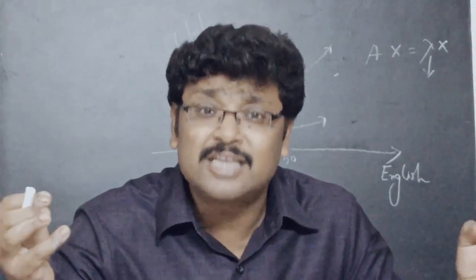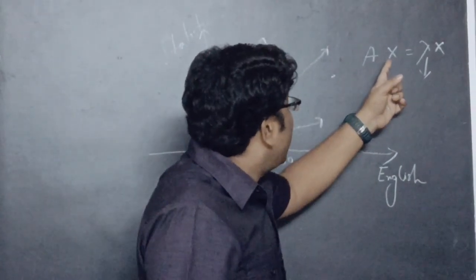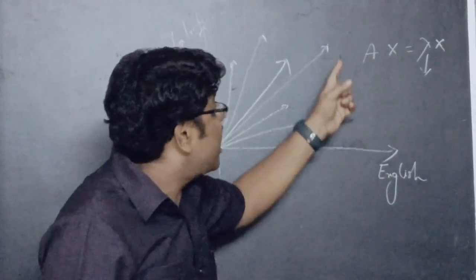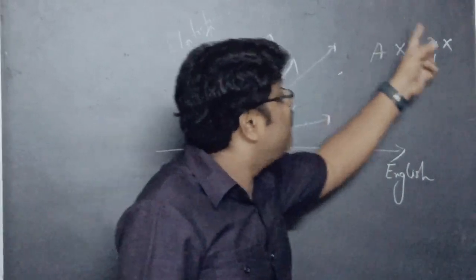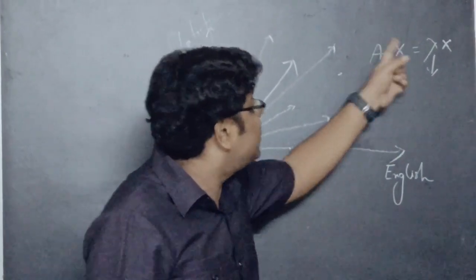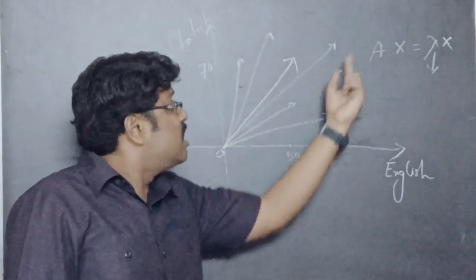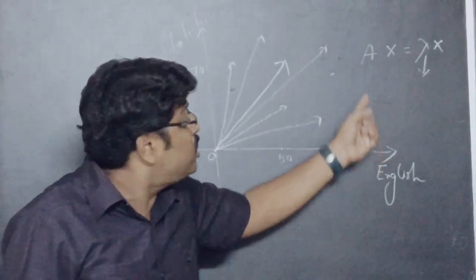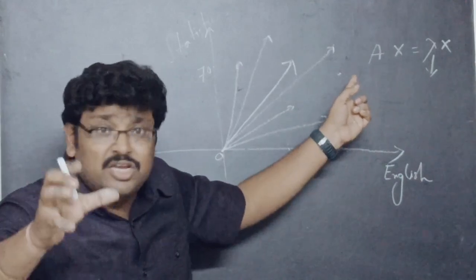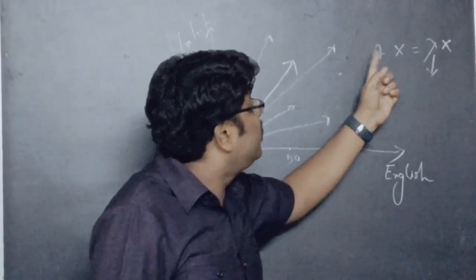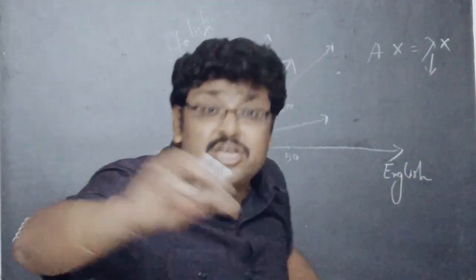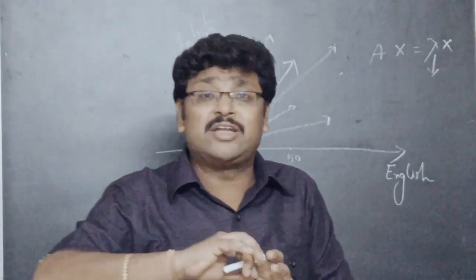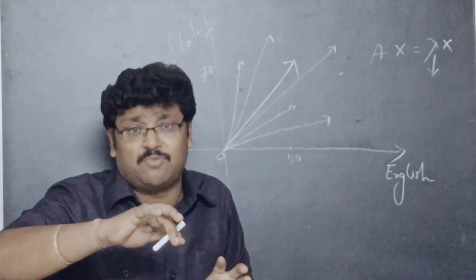And what is the eigenvector? An eigenvector is a vector that can be multiplied by a matrix, and you get the vector extended, that is, you can increase the vector proportionally or decrease it proportionally.